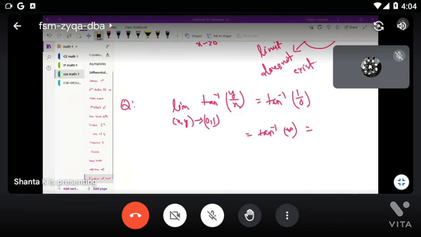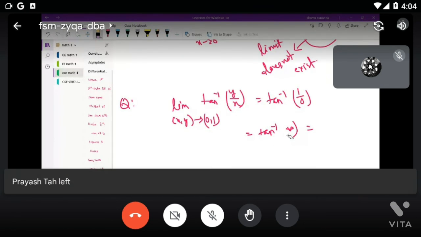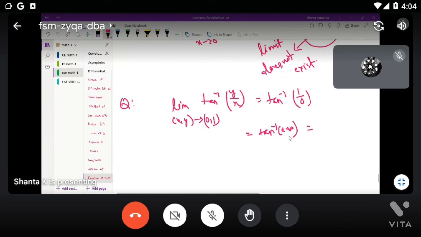See, again, when x is approaching 0, y is approaching 1, we have infinite paths. Not only plus infinity, you can have both paths. Even with minimum paths you will get at least plus and minus infinity. So let's make it plus and minus infinity. What is the value? Plus and minus pi by 2. So what do you think, does the limit exist?